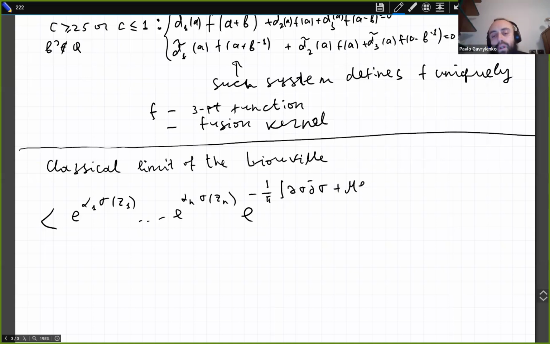plus mu e to the, oh, in principle, we should write also this term with coupling to curvature, but let us neglect this. Let us just remember that there is some delta function at infinity.